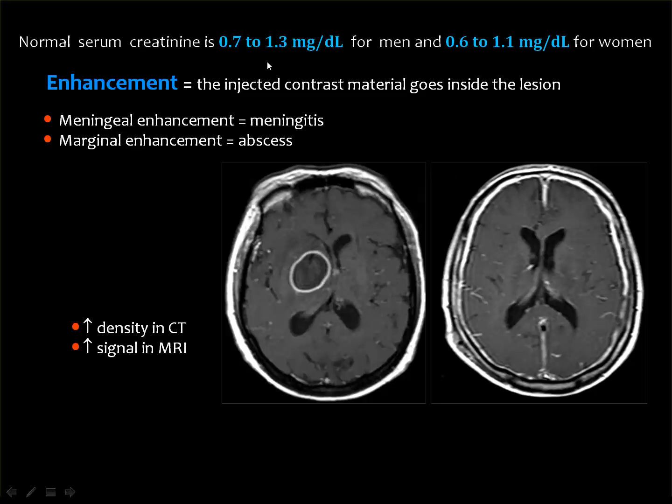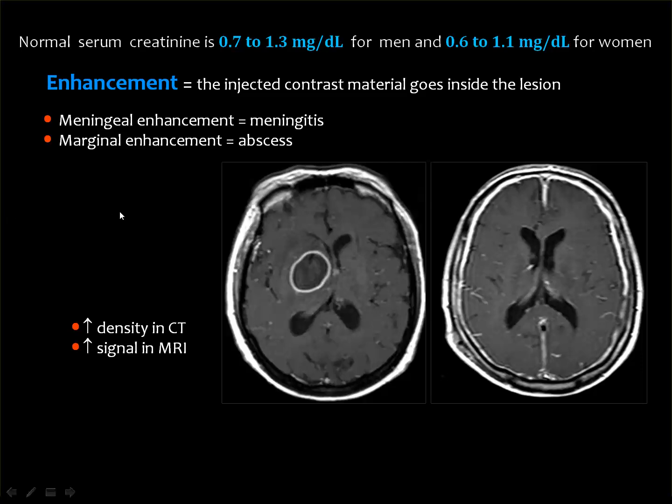I do not stick to 1.3. I may inject the patient with a creatinine level of 1.5, provided that you inject non-ionic contrast material and you instruct the patient to drink a lot of fluids after the examination.